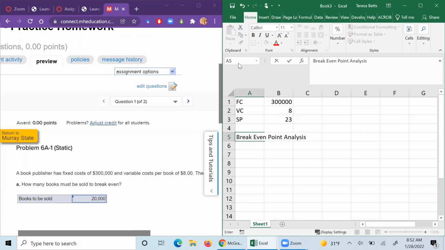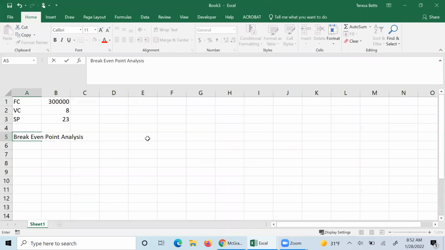we're trying to find that point where total revenue is equal to total cost. I'm just going to do a quick review here. We're looking for total revenue equal to total costs. Total revenue is going to be our sales price times the quantity sold, and total cost is going to be our fixed cost plus our variable cost times the quantity sold.